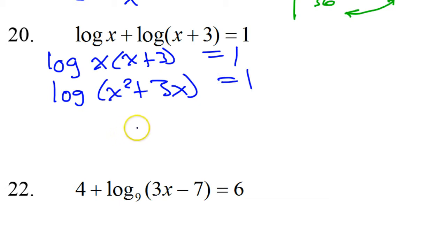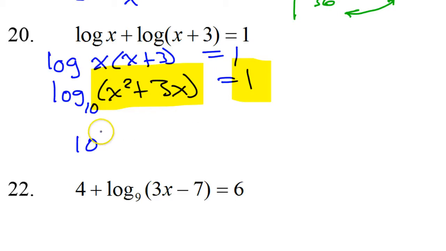Okay, we're going to have to write this in the other form, exponent form. What's the invisible base right now? Yeah, there's an invisible 10 right there, but we need that. So in exponent form, the first thing we do is write down that base of 10. Everything else is going to change sides. So this and this are going to switch.